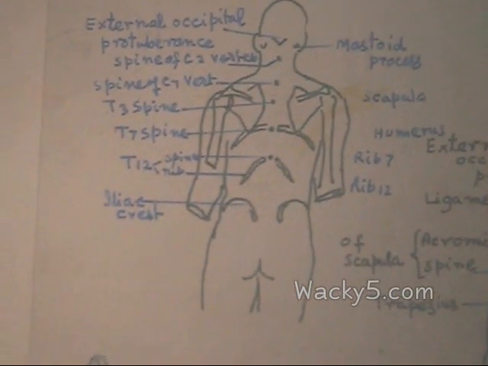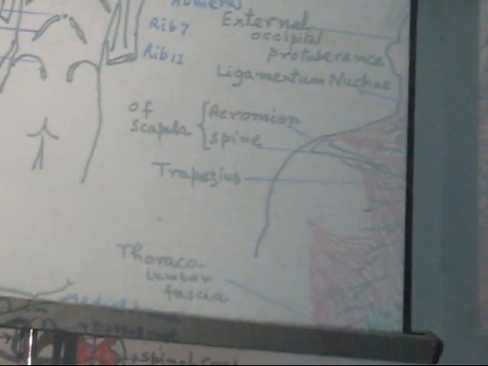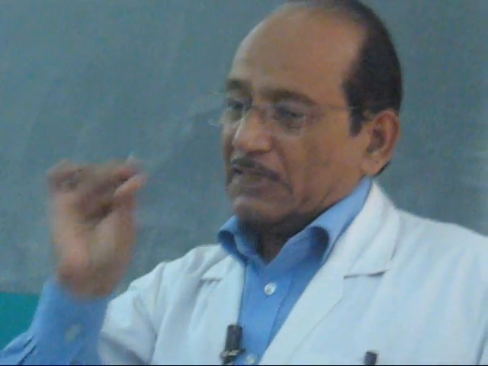Then occipital. Occipital is the name of the bone that forms the back of the skull, and since this elevation is present on that bone, it is called occipital protuberance. But then why external?